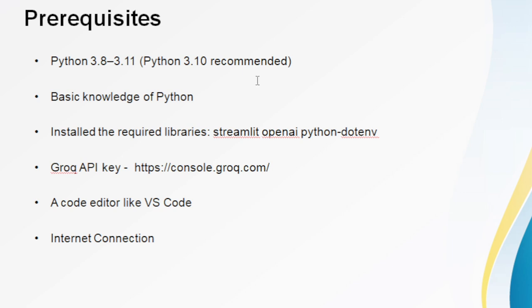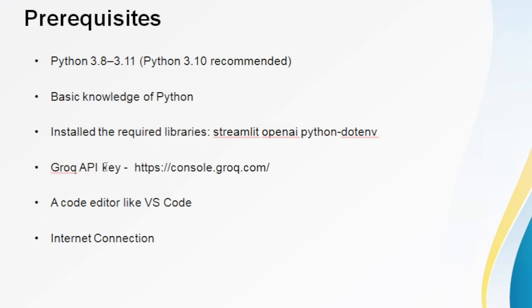What are the prerequisites for this project? You should have Python installed in your system, and you should have basic knowledge of Python. Here we will install all the libraries: we need Streamlit, OpenAI, and Python dot env libraries.